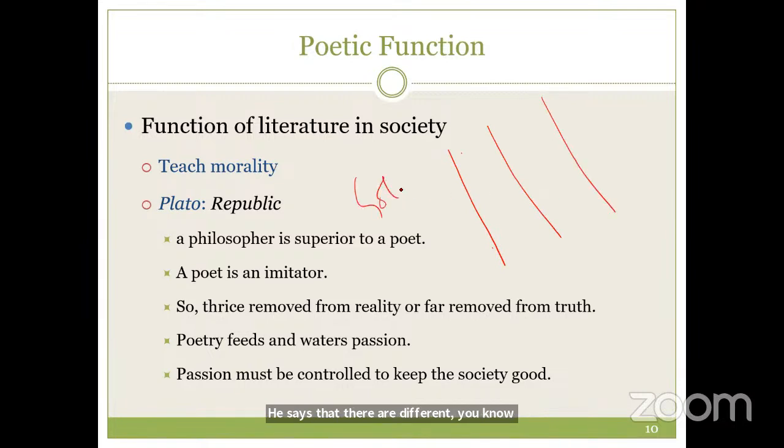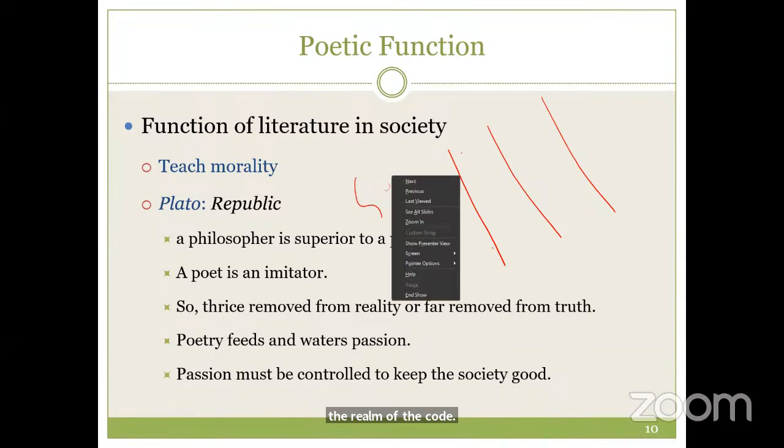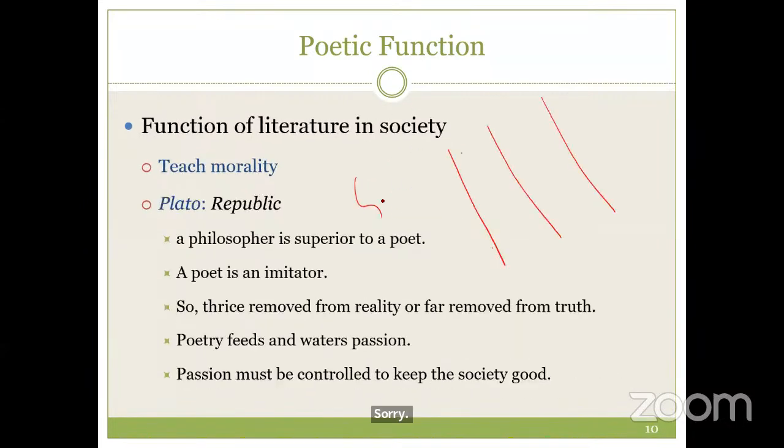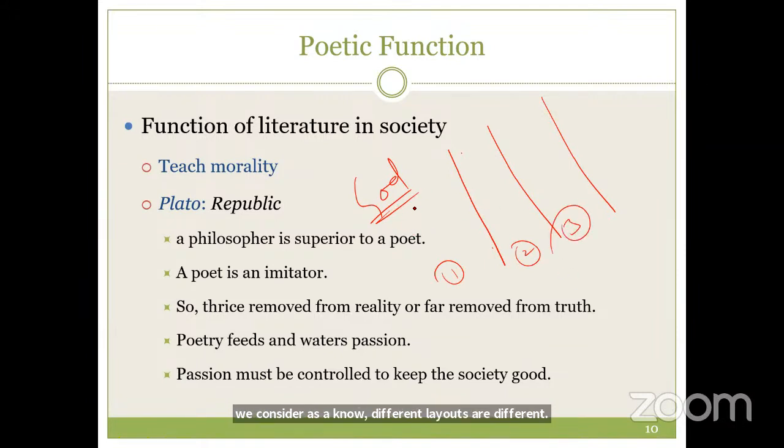This is the realm of the god. If we consider different levels or different realities, then this is called the realm of the god or the divine, right? We call it heaven.